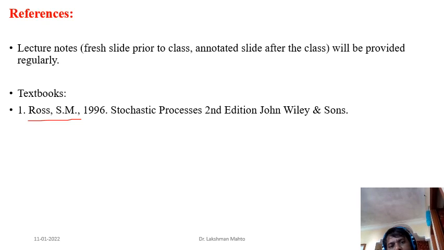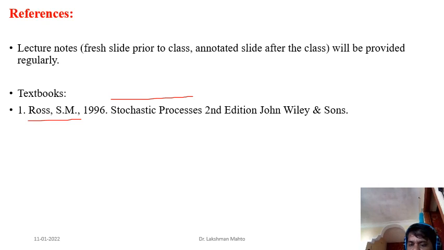You can get an e-copy of this book easily from the reference, and also from the central library. I think you cannot access the library physically, so you can request Sagar, the librarian of this institute. He may provide an e-copy of this book on stochastic processes.